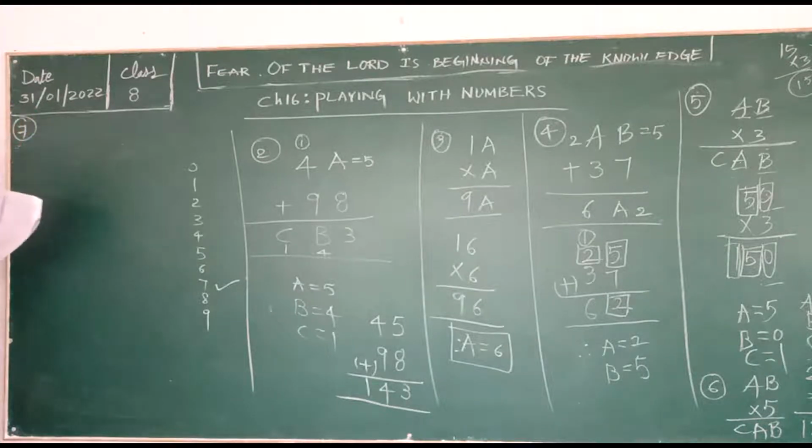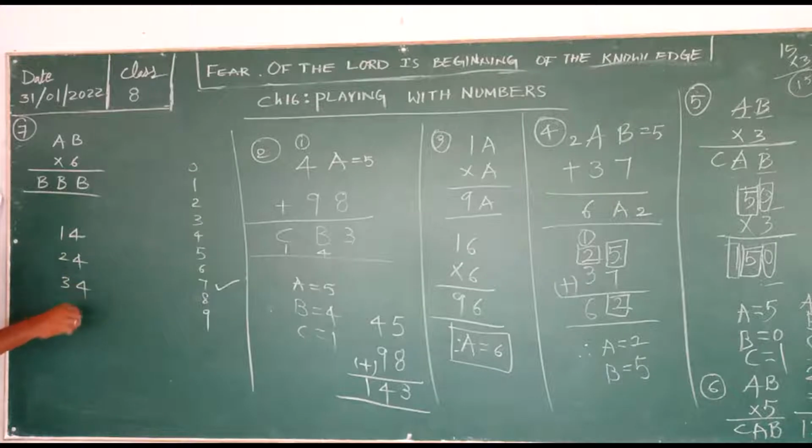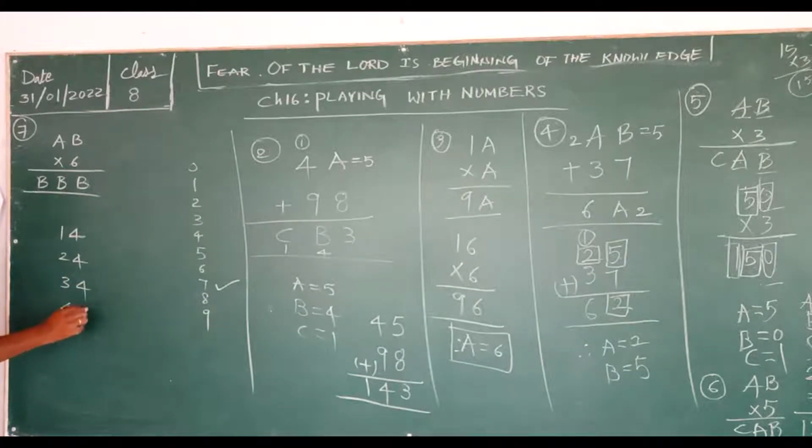You have to practice more of all this, then only it is possible to get. Next one here, AB into 6, then B. This is how you need to solve this kind of problem: first 14, then next 24, next 34, next 44, next 54, multiply each with 6.